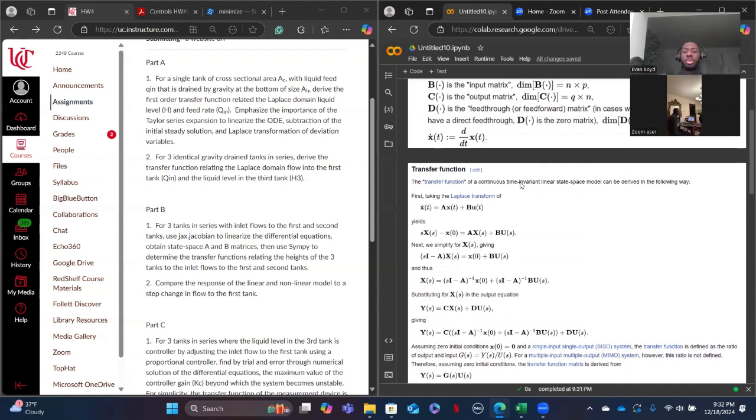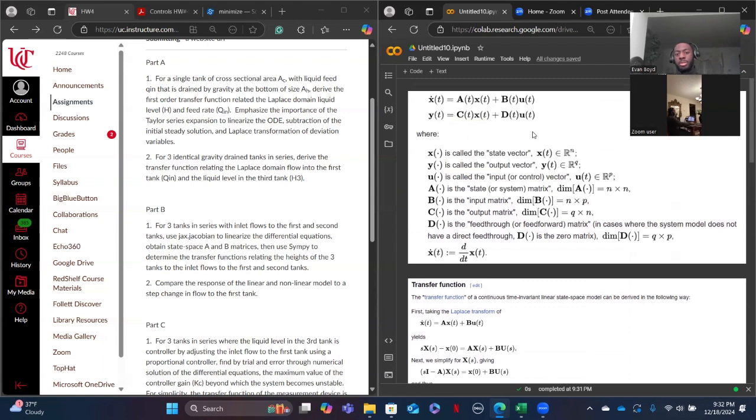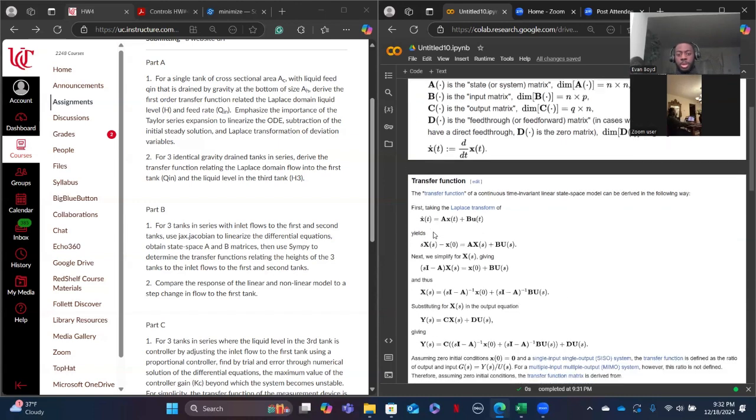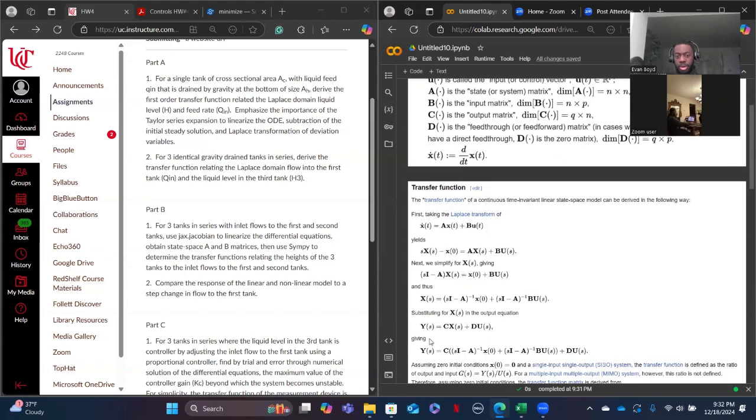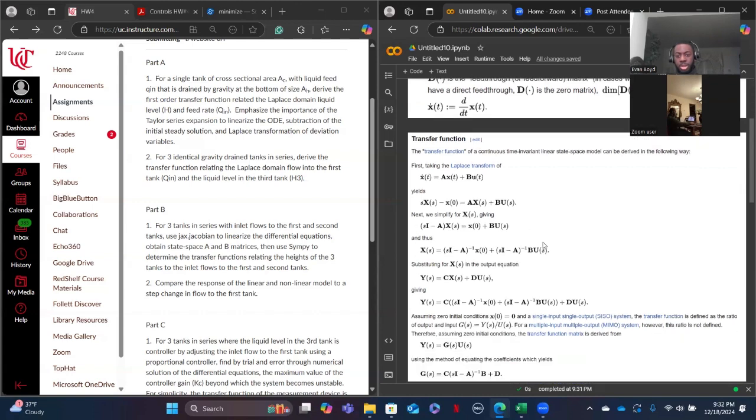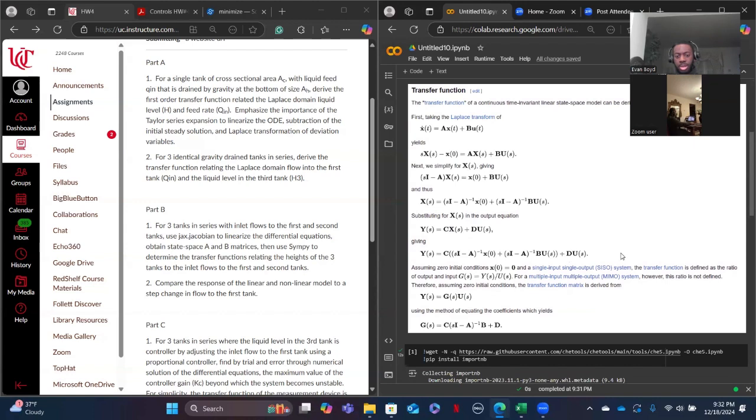The transfer function is just the derived equation from these two initial equations for our state space matrices. So basically what they did here, we took our x, they derived it, and they put this for our x, and they also utilized our y's as well. So they get this as our final equation.